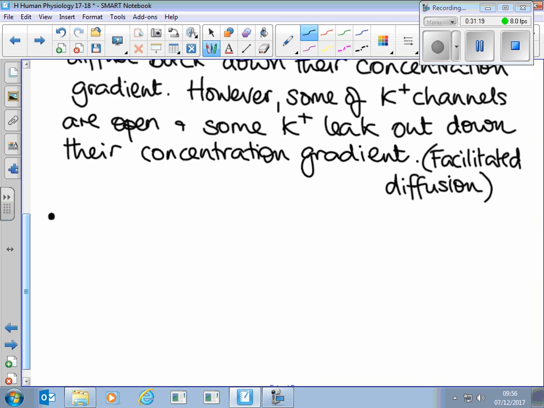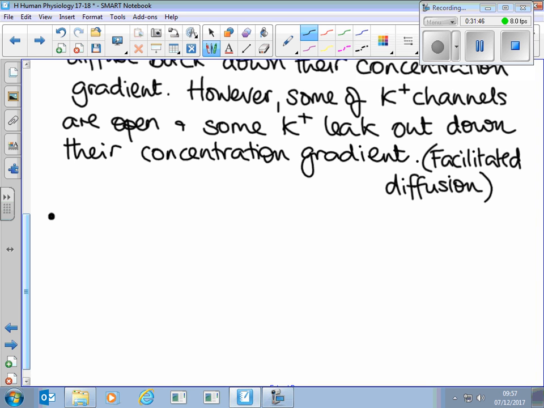However, the sound of a pneumatic drill in the background is probably not going to help. Right, where was I? Now, we need to describe what we've got. We've got a lot of positive ions outside, ignoring all the others, compared with the amount inside. The way we measure the membrane potential is we ask what the inside is like compared to the outside.